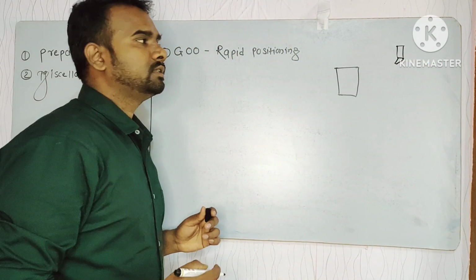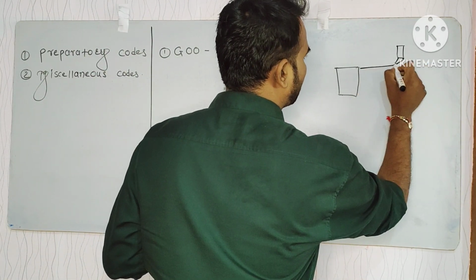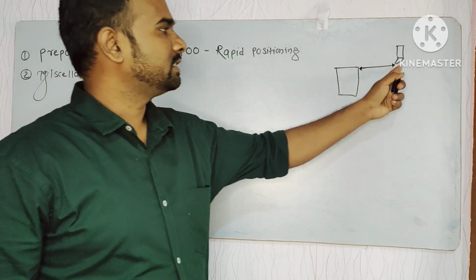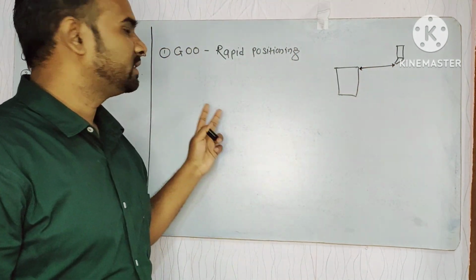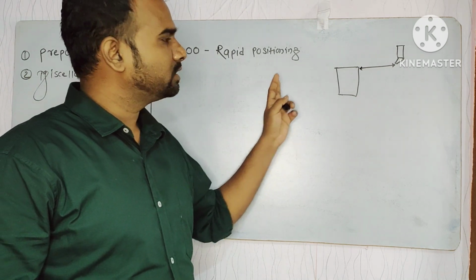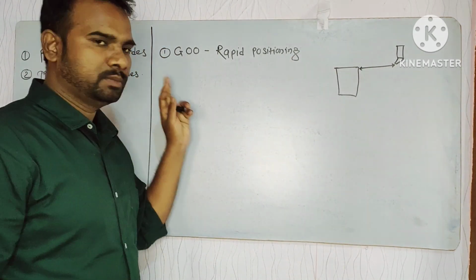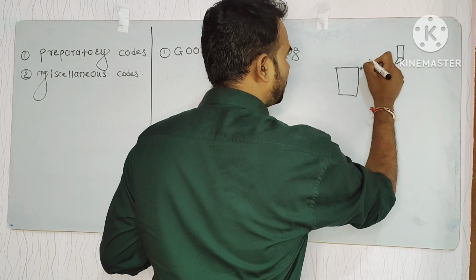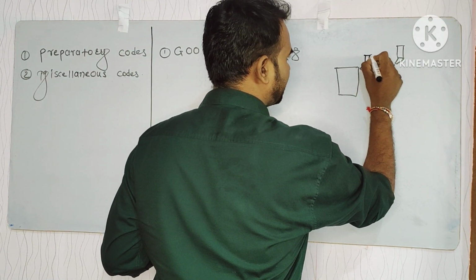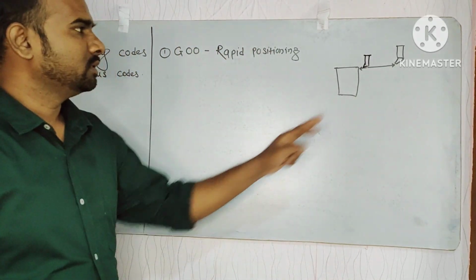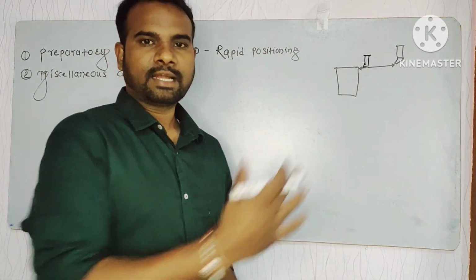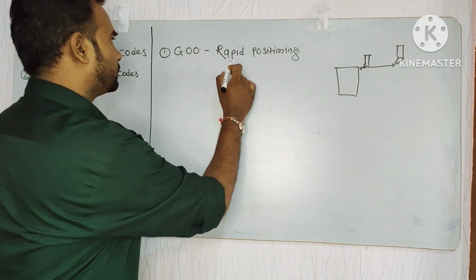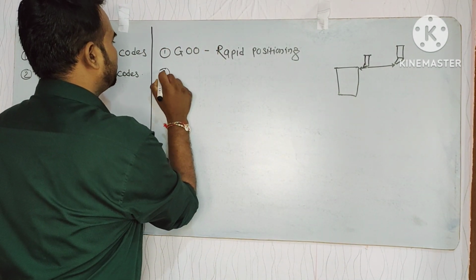Now our cutter has to travel this distance. If we travel this distance in a feed, then the machining time will increase. So to reduce the machining time, we use G00, rapid positioning. The cutter will come closer to the job in rapid, as fast as possible. That is G00.